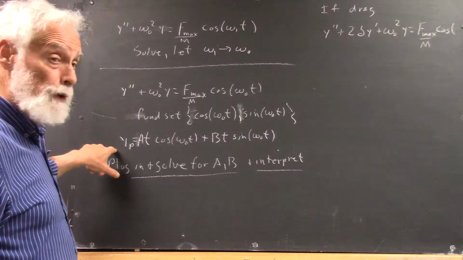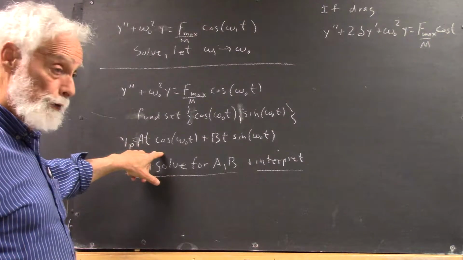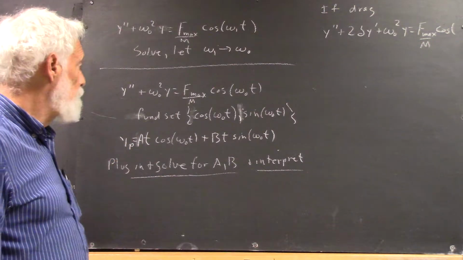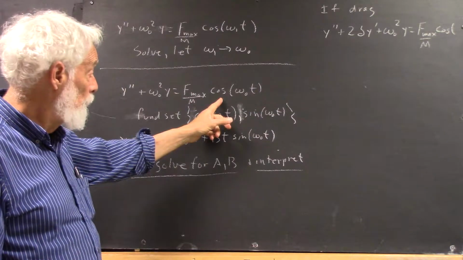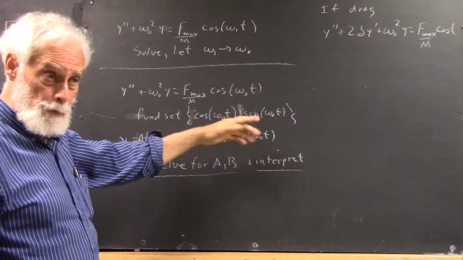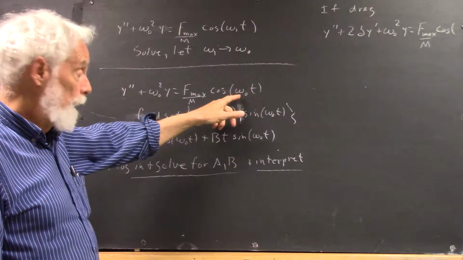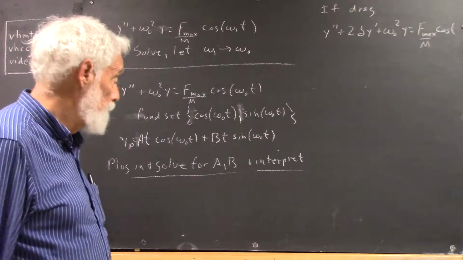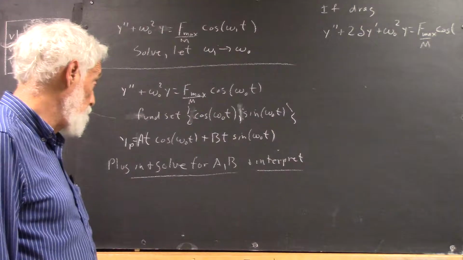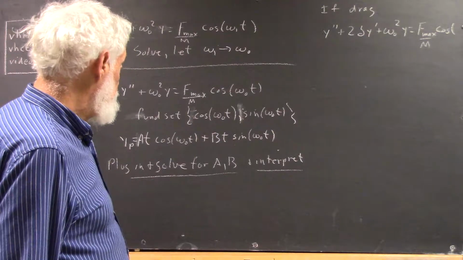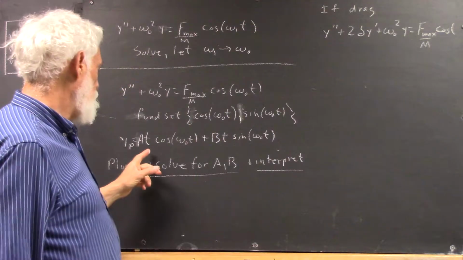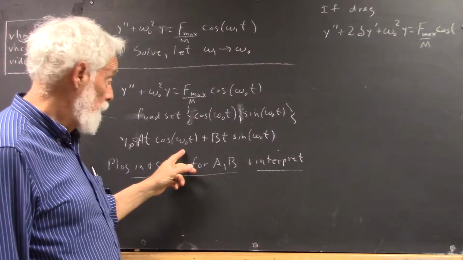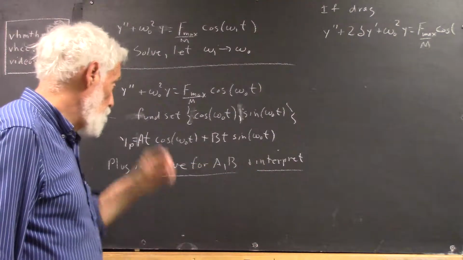Okay, the particular solution. In order to get a particular solution, you can't just use a combination of sine and cosine of omega naught t, which is what we would do if we had an omega 1. We just use a combination of sine of omega 1 t and cosine omega 1 t. Here, we have to use a linear combination of t cosine omega naught t and t sine omega naught t.